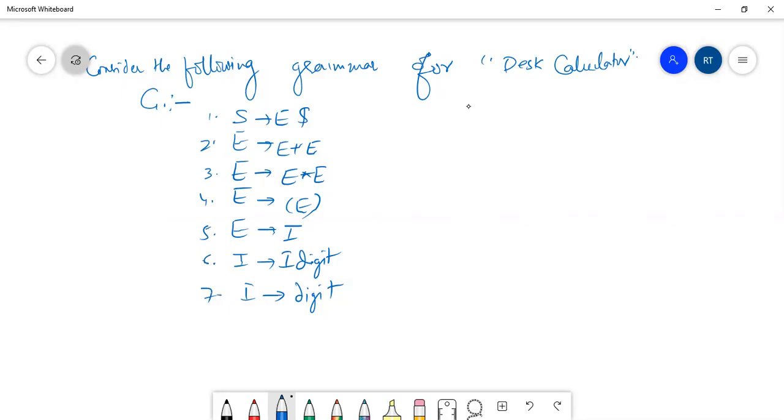The digit will basically be returned by the lexical analysis phase. So we will write the regular expression for this, where the meaning of digit is digit.lexval. Why are we writing this lexval? Because this digit is basically returned through our lexical analysis phase.